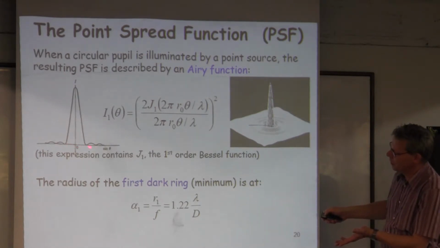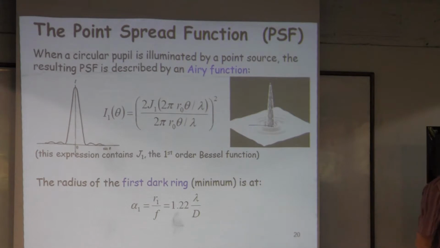So the distance between here and here is given by the simple formula here. Alpha, the angular size, is 1.22 times the wavelength divided by D, where D is the size of the pupil. Okay? The diameter of the telescope.